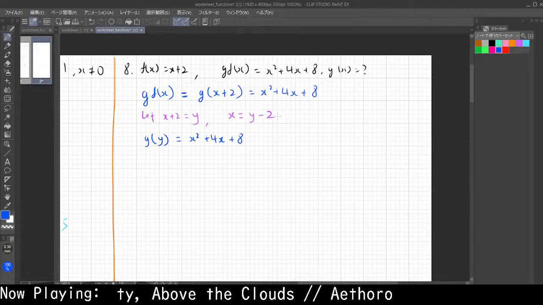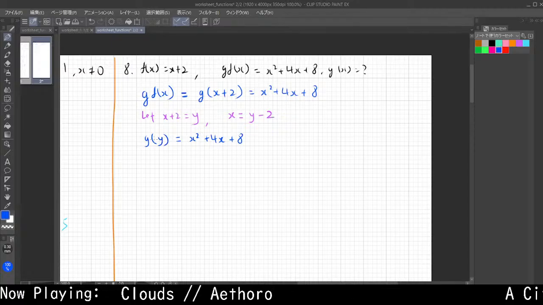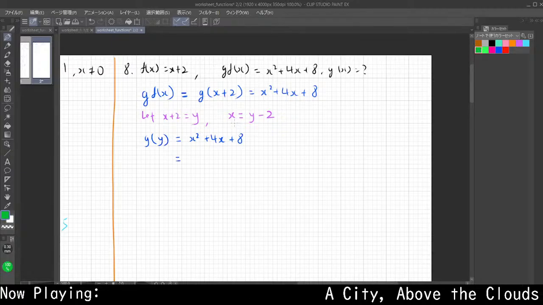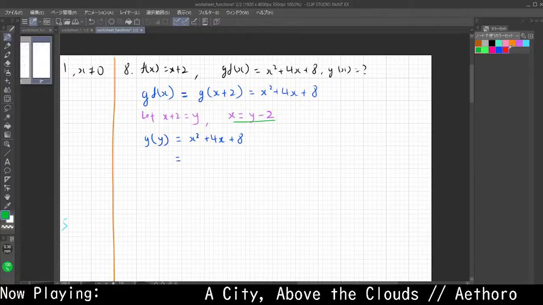But if you have y on the one side, you need to have y on the other side as well. Therefore, this is where the expression for x in terms of y comes in.